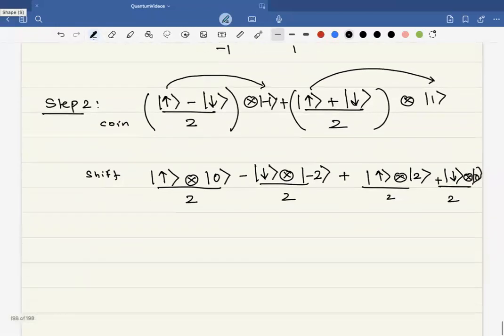So collecting the terms, we'll get the final state after step 2 will be -1/2 down tensor -2. And then I'll collect these terms.